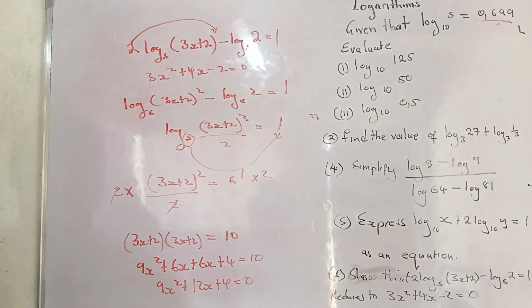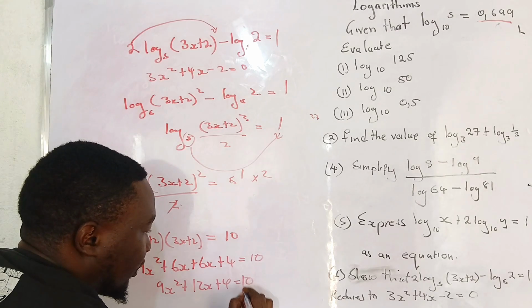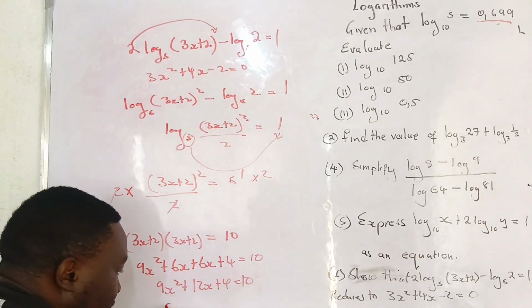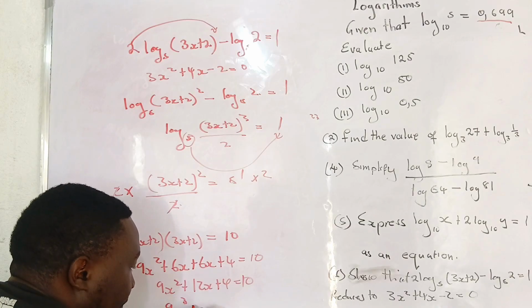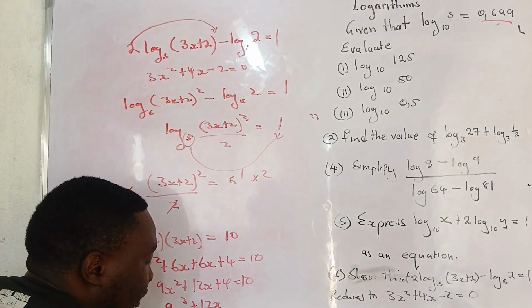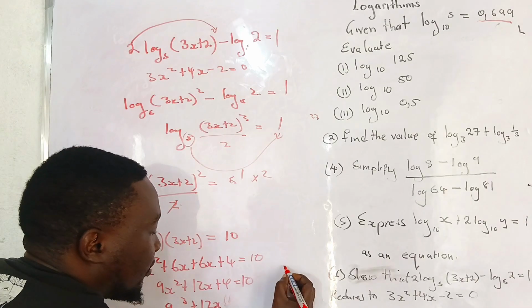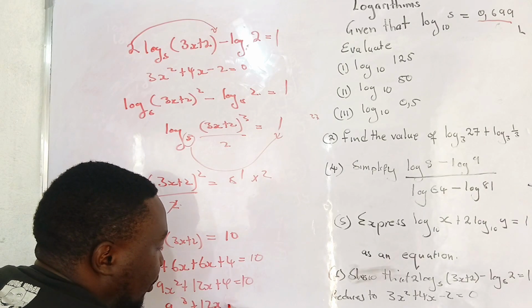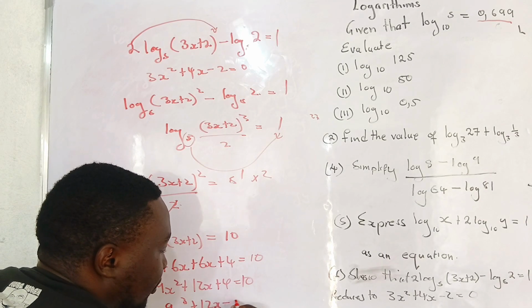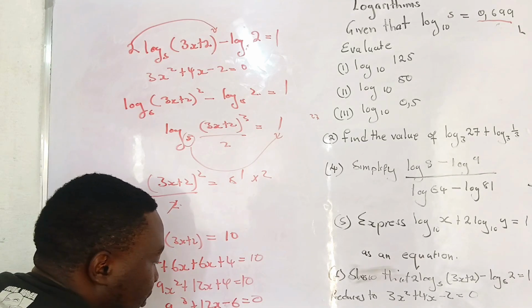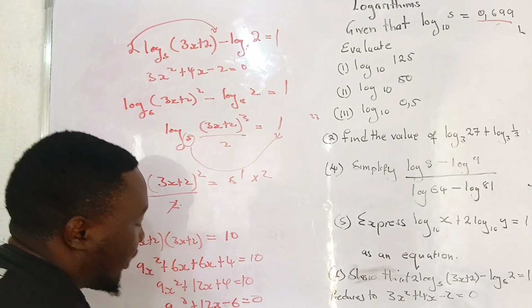So here you move 10 to this side. You have 9x squared plus 12x. 10 moves to this side. That's going to be minus 10 plus 4, which is going to be minus 6, is equal to 0. We divide the whole expression by 3.